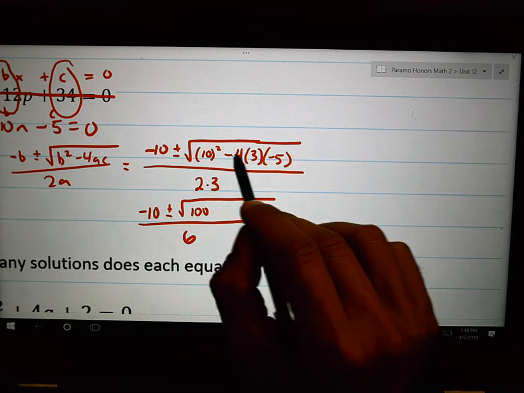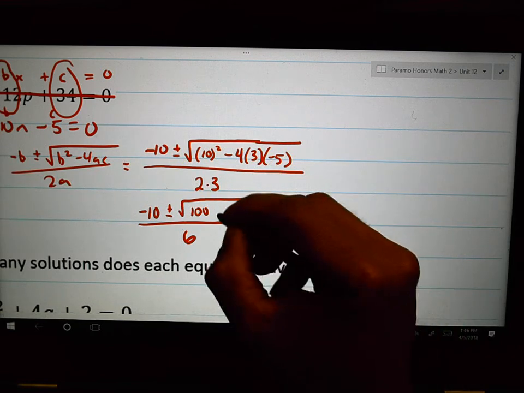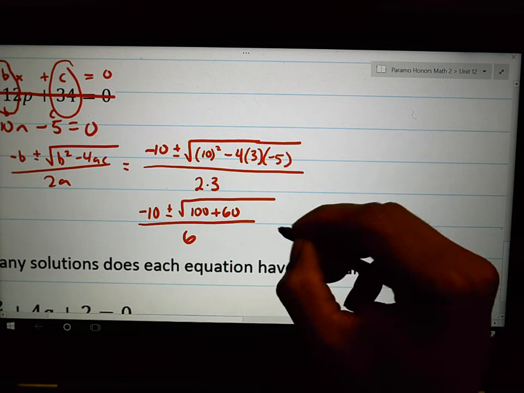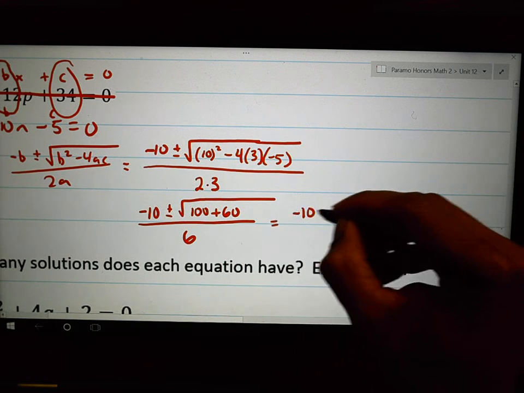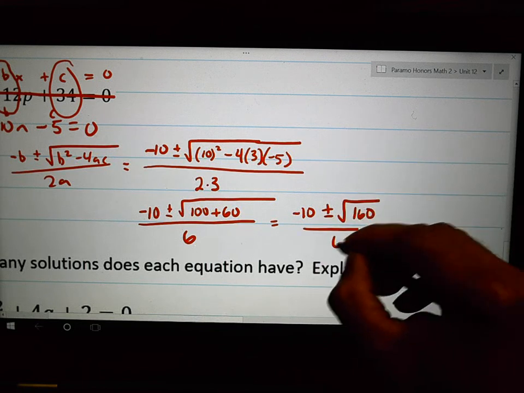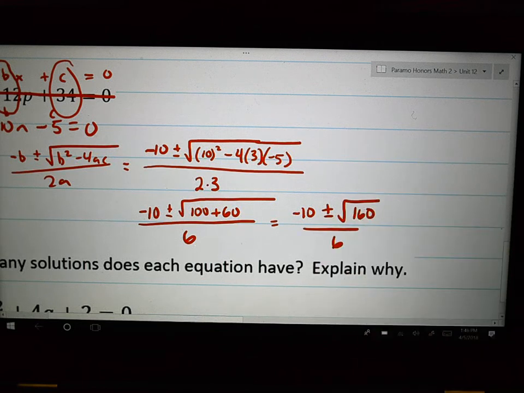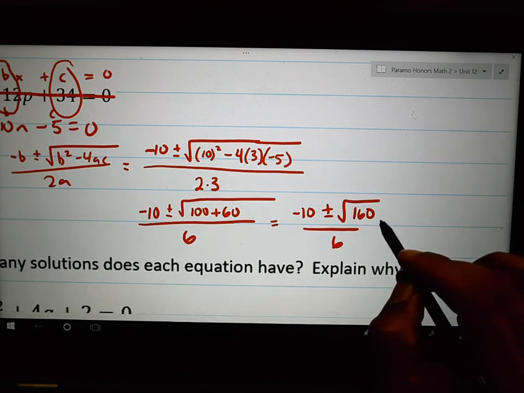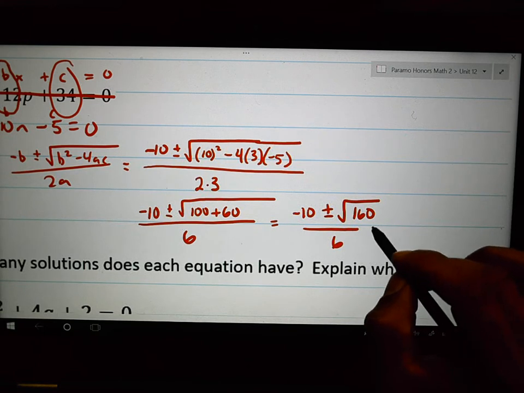Negative times a negative is a positive. I already know this is -10 plus or minus the square root of 160 divided by 6. But this is not where we're going to stop. You are going to simplify 160, the square root of 160.